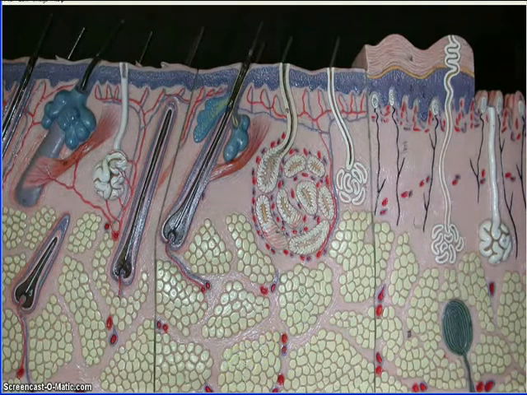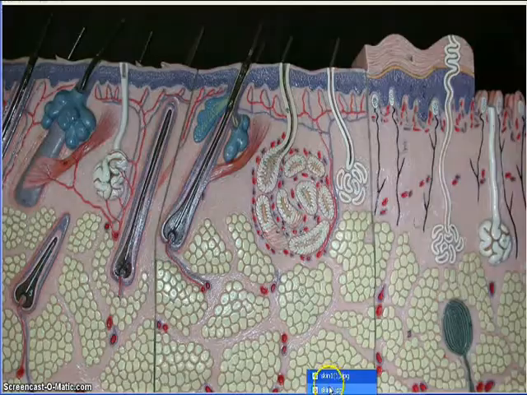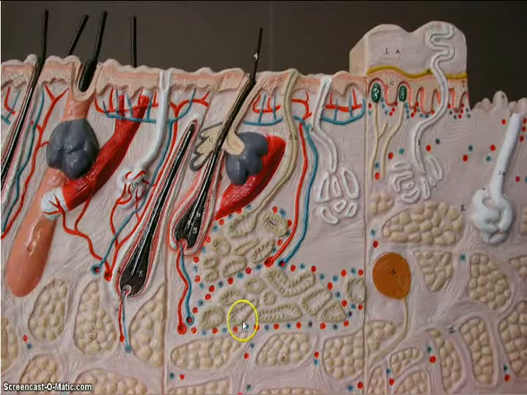Okay, let's look at the next picture. Pretty similar model. Let me go over the parts real quick of this model. There's the sebaceous gland, the hair follicle with the erector pili muscle. There's the 4 layers of skin there, and then the 5. Axillary area, palm of the hand, sole of the foot, and the rest of the body.